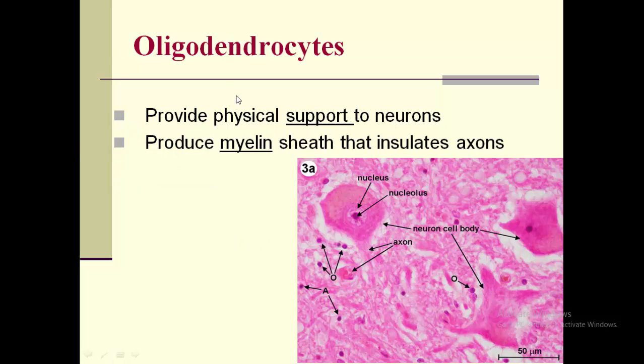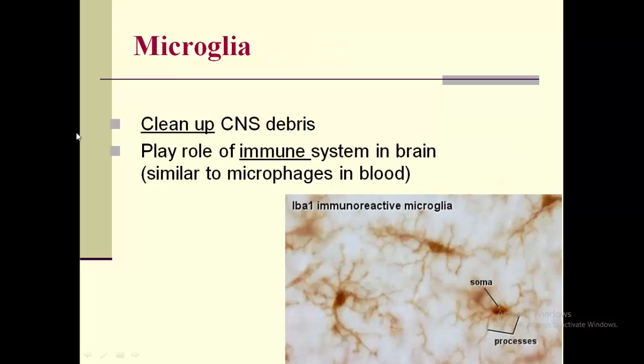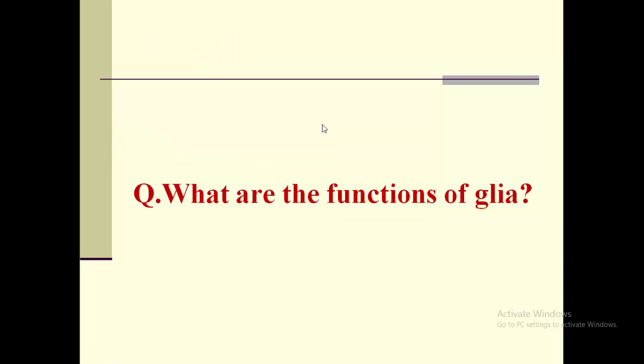في نوع تاني من الجلايا they are responsible for again supporting the neurons زائد إن هم بيصنعوا مادة هنتكلم عنها very shortly now which is called the myelin sheath اللي هو كأنك بتعمل عزل كهربي ببلاستيك حوالين السلك عشان تضمن إن ما يلمسش وما يحصلش منه short circuits ويحصل لخبطة في الكهرباء بتاعة البني آدم. النوع الثالث من الجلايا and we are not interested in the names بس تعرفوا إنه there are groups or different types of glial cells with different sorts of functions زي تاني cleaning up ال CNS debris يعني البقايا والمخلفات.